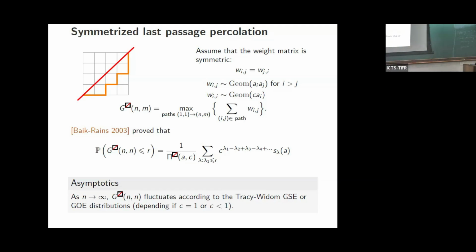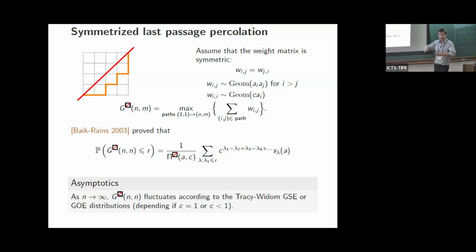So what are you assuming about the variables AI? Are you assuming they're constant? You mean for this result or the other asymptotic? I mean, the size of the A's is growing, right? Yes, so you can, for instance, fix all the AI equal to some A, and take some A between 0 and 1.